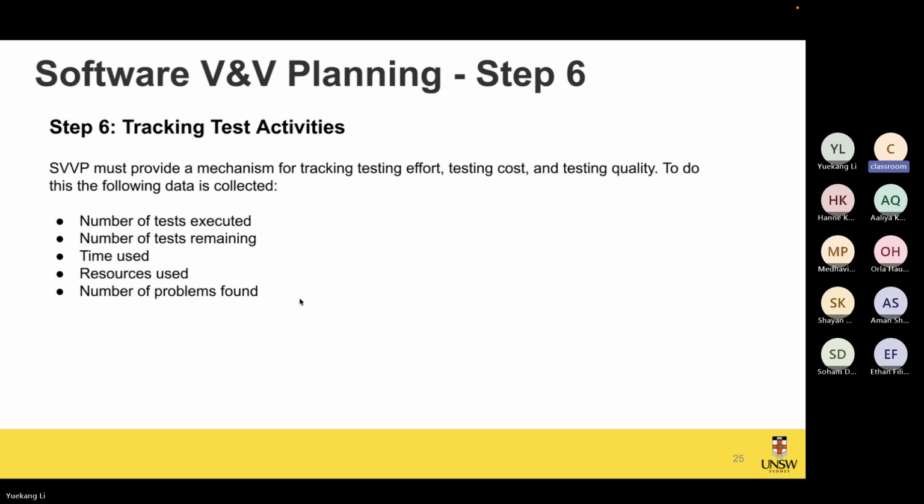So the most important reason for doing this tracking is not only to keep track of what we are doing, but also to have a better performance, to improve our testing effort.